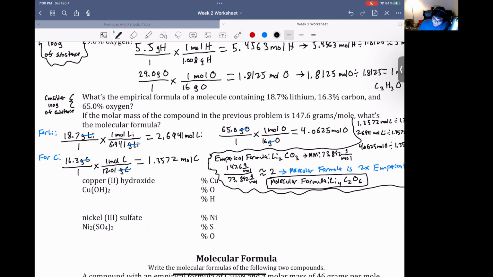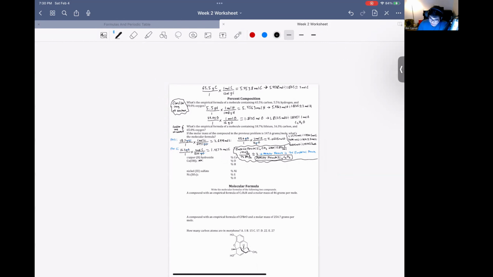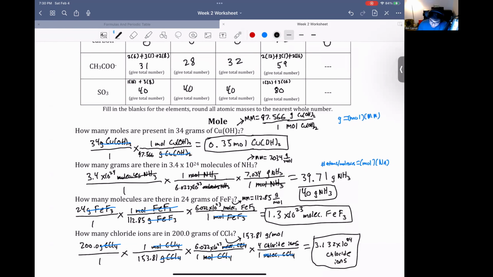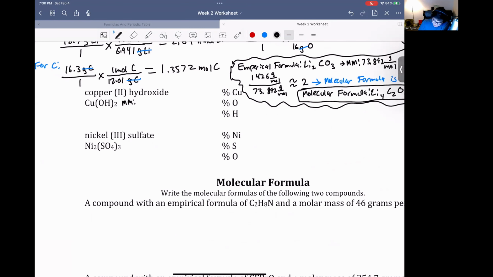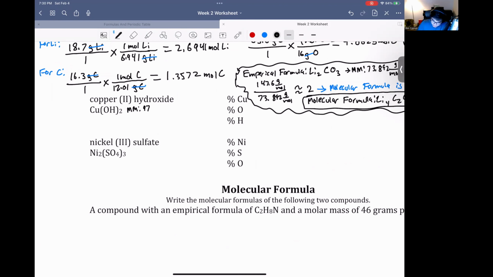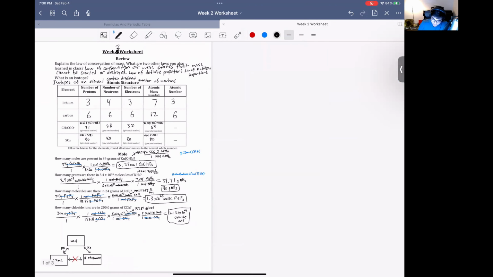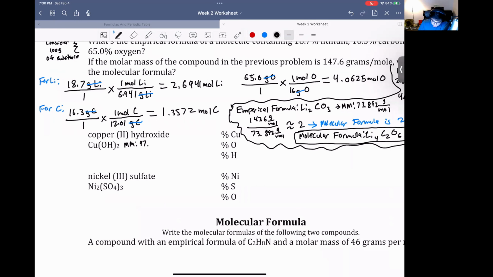So this copper hydroxide, I'm just going to look on our last page here. So this copper hydroxide had a molar mass of 97.566 grams per mole.